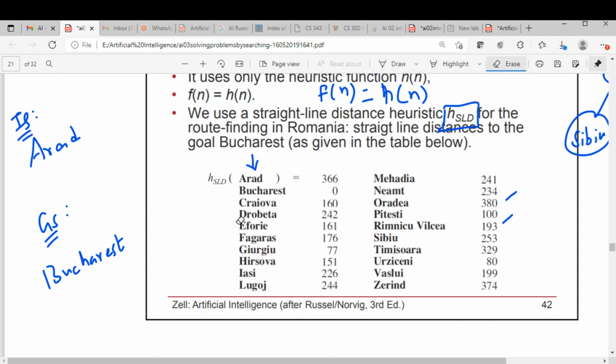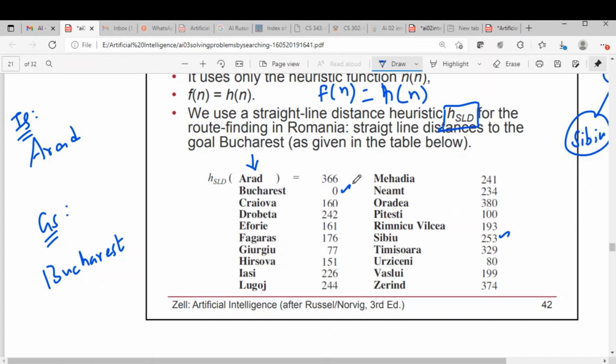So what is the straight line cost, or the heuristic cost, or the estimate of reaching Bucharest from CPU? It is 253. And what is the cost of reaching Bucharest from Bucharest? It is 0. So which is the cheapest cost path? This 0. So it will choose that path.